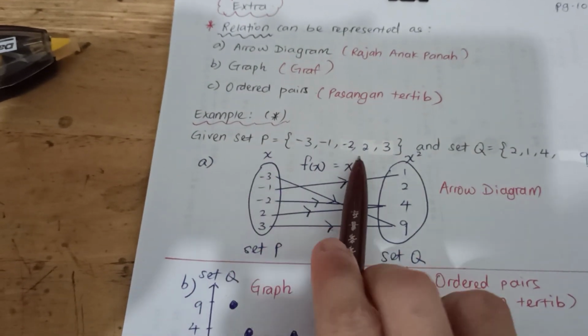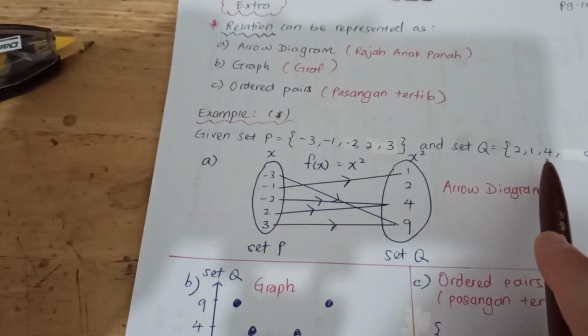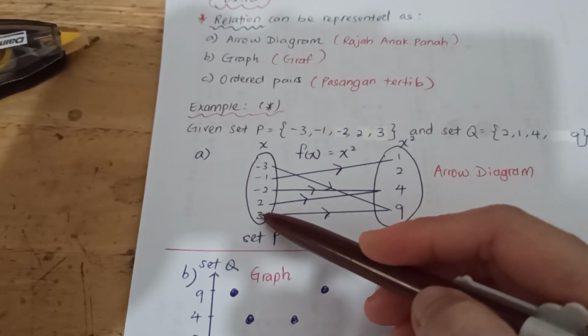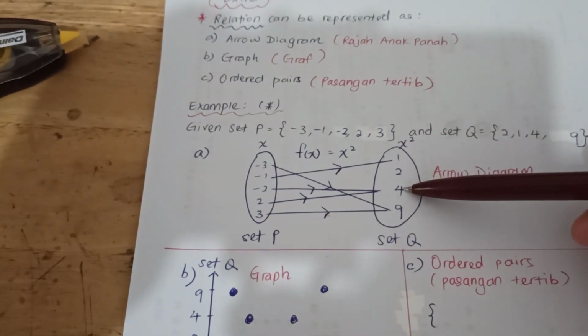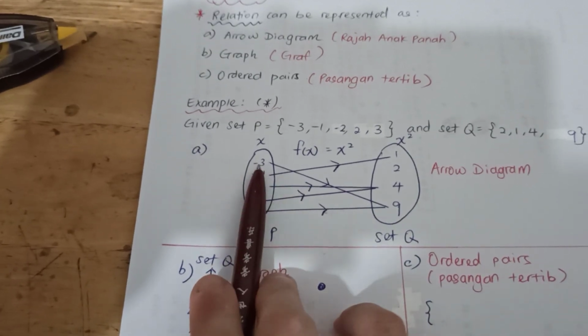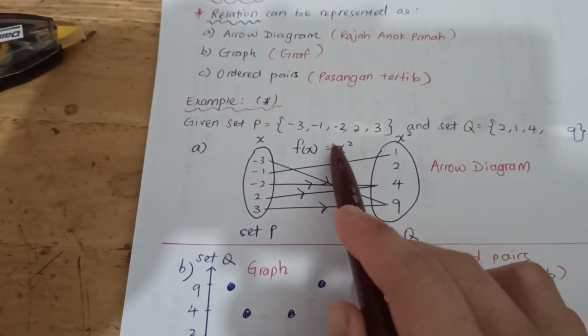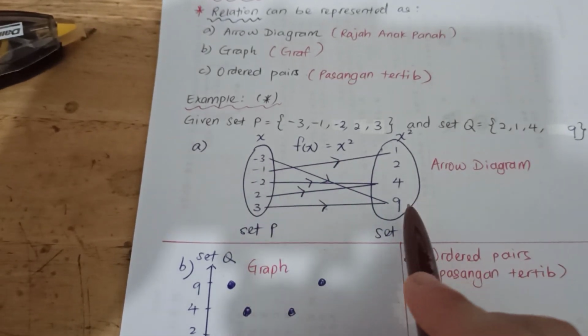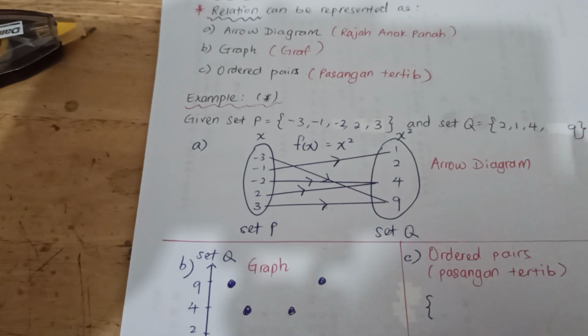Given set P is this, the elements in set P and the elements in set Q. So just now teacher already explained what this is. Negative 3, because the function connecting these two sets is x squared. So negative 3 squared becomes 9, negative 1 squared becomes 1, and so on.